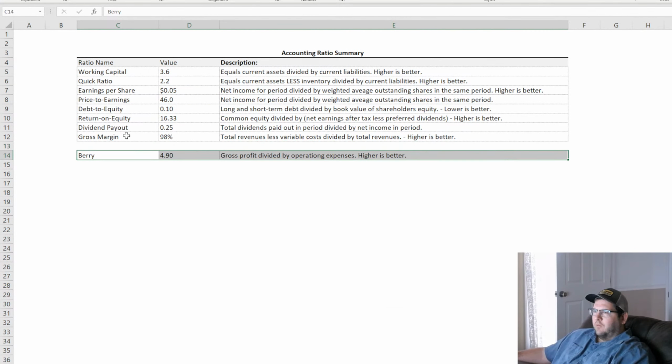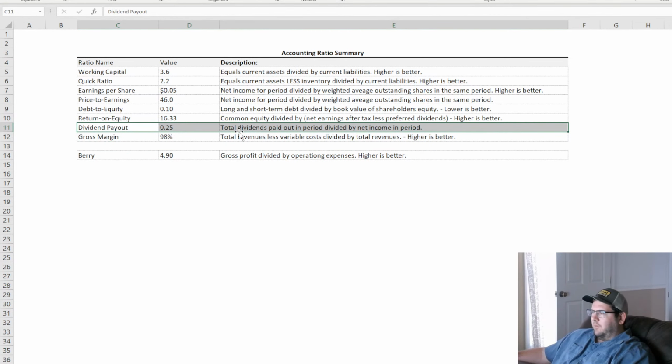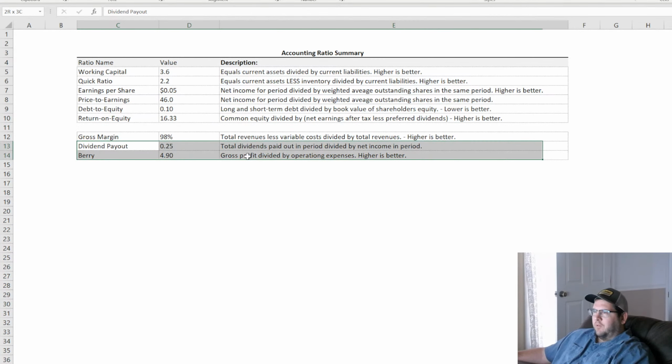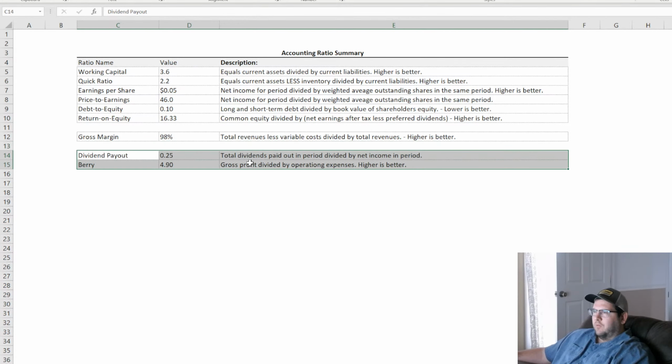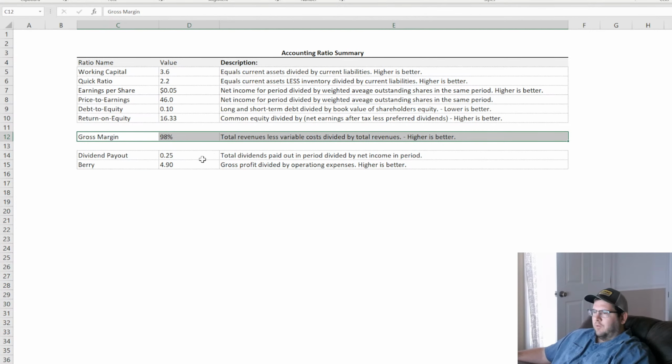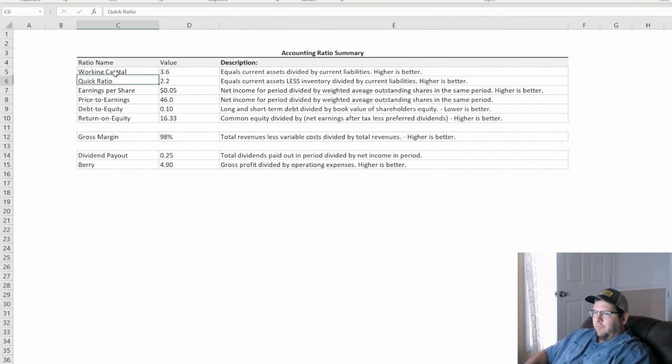Hold on. Dividend payout is ahead of Barry. I want these to follow the same order. So working capital, quick ratio, earnings per share, price to earnings, debt to equity, return on equity, gross margin. Okay, then profit margins next. Dividend payout. Okay.